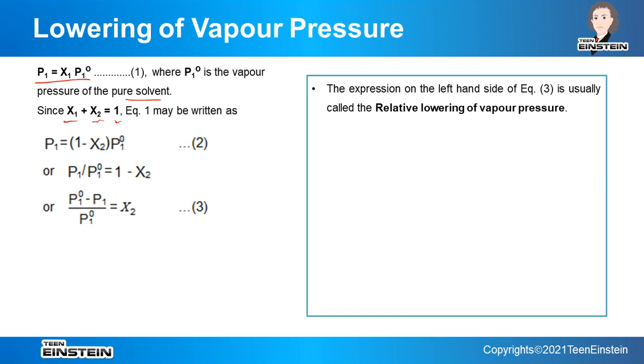So now in place of X1, we can write 1 minus X2. Basically what we are doing is expressing the vapor pressure of solvent in terms of the mole fraction of solute. So P1 by P1 naught will be 1 minus X2, or ultimately we can get this equation.